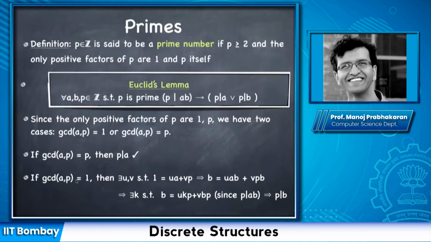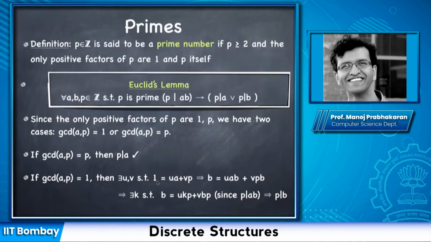And here we use Bezout's identity from last time. Remember, the GCD can be written as an integer linear combination of the two numbers. So 1 can be written as an integer linear combination of A and P. So there are two integers U and V such that 1 equals UA plus VP.